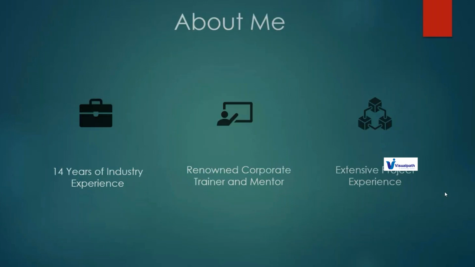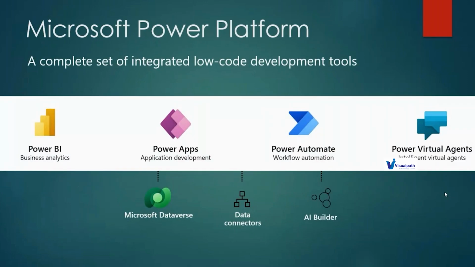So today we'll be talking about Microsoft Power Platform. It is a complete set of integrated low-code development tools. When I say low code, what does it mean? There are two types of software development methodologies. The first is the traditional software development way, wherein a trained programmer creates software programs writing in languages like Python, Java, Ruby.